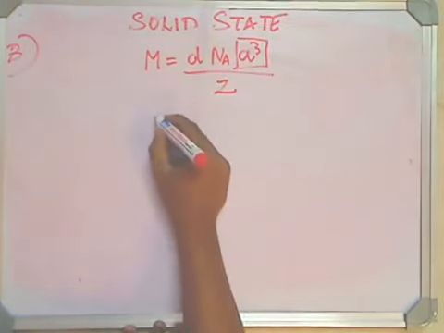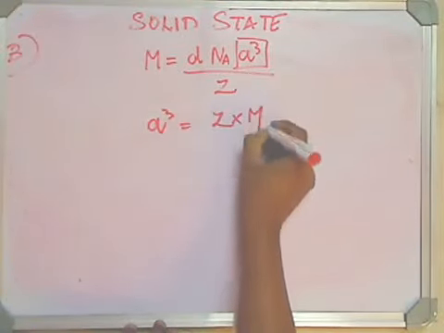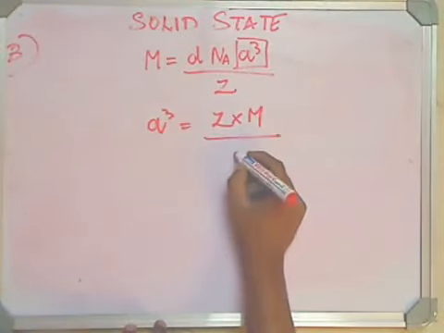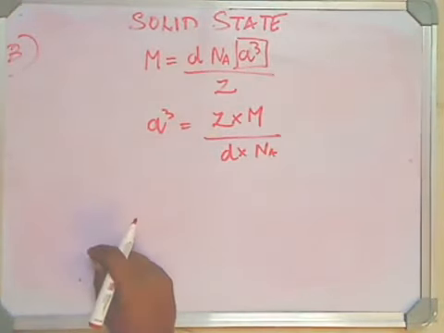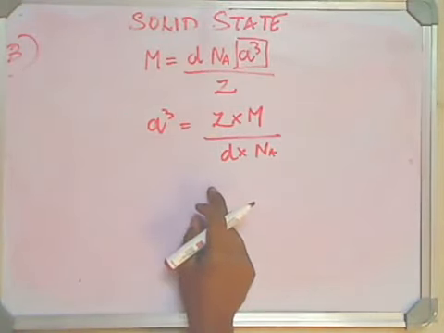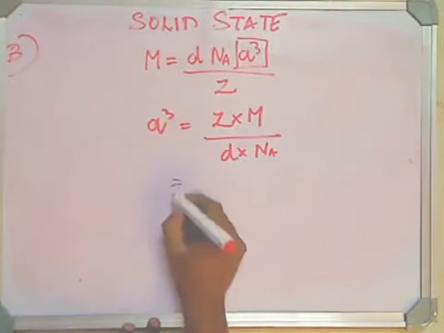So I slightly change the formula and this becomes M and D multiplied by Avogadro's constant. So I'm going to use this and I'm going to find the edge length. Okay, so this is what I'm going to do now. I already have the data here.